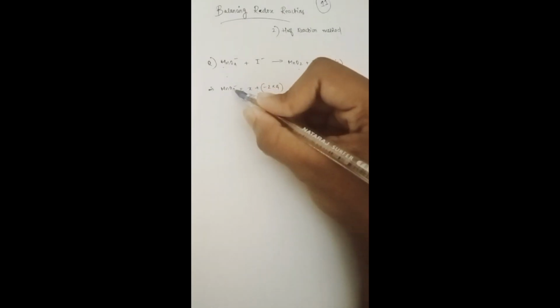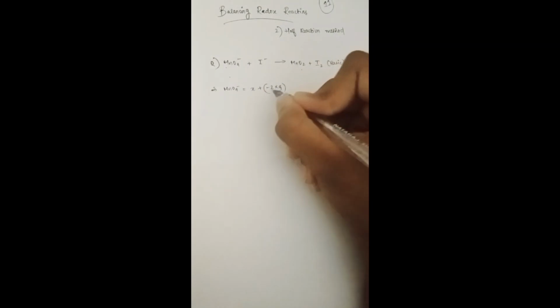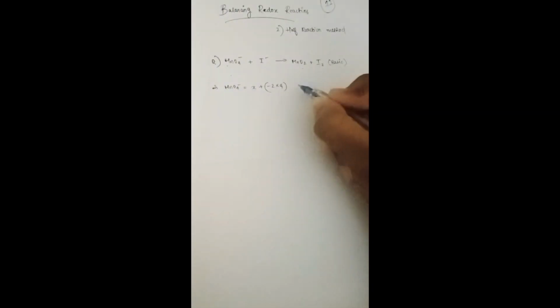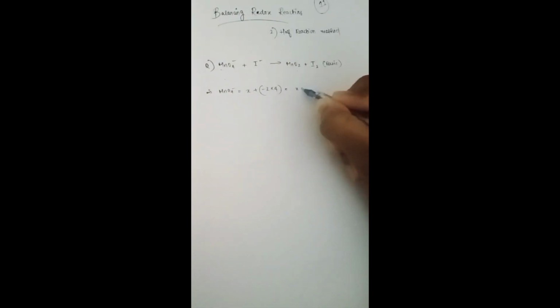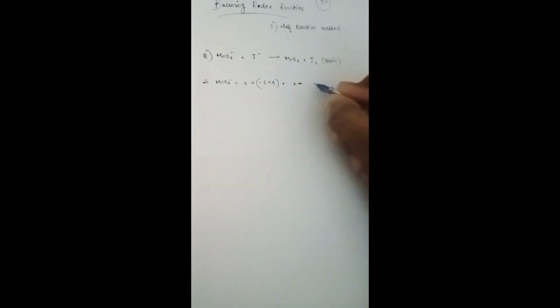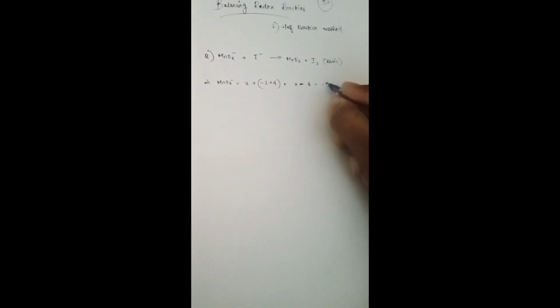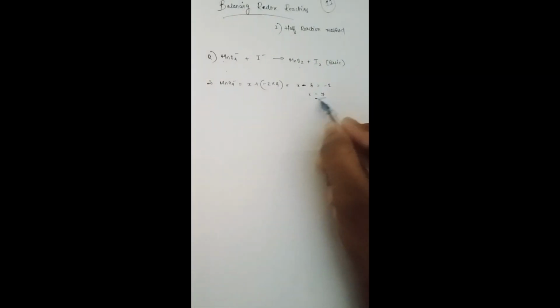Minus 2 is the oxidation number of oxygen, and there are 4 oxygens. So x minus 8 is equal to the total charge of this compound, which is minus 1. That is, x is equal to 7.